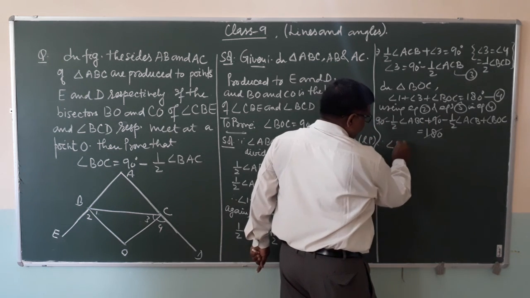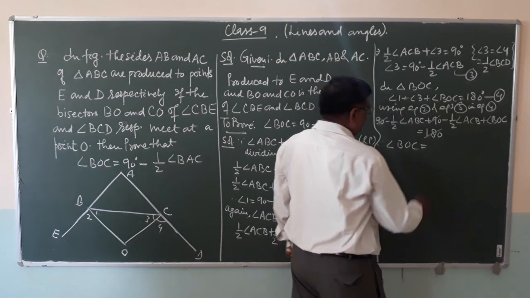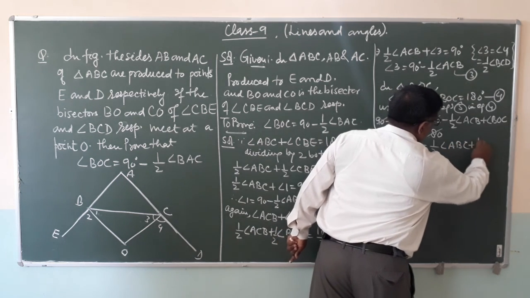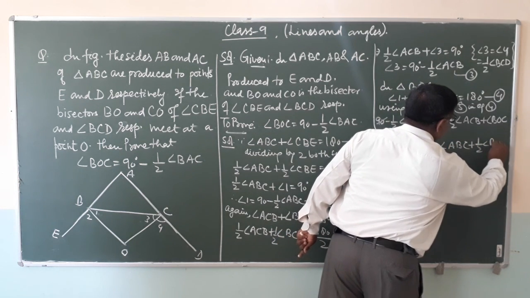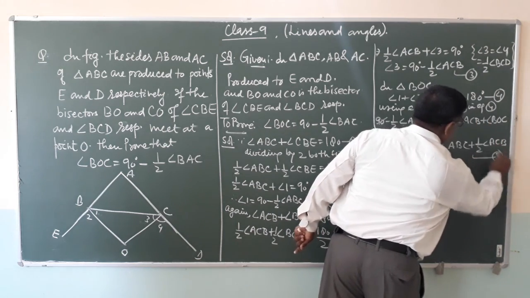Therefore angle BOC is equal to 1 by 2 angle ABC plus 1 by 2 angle ACB. This is equation number 5.